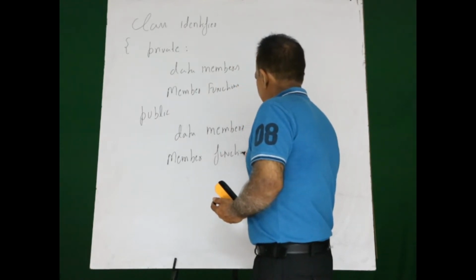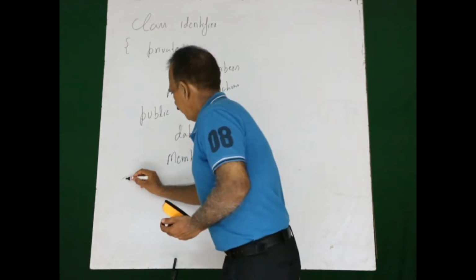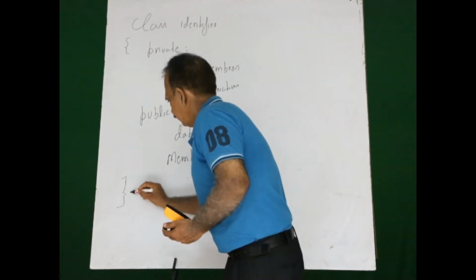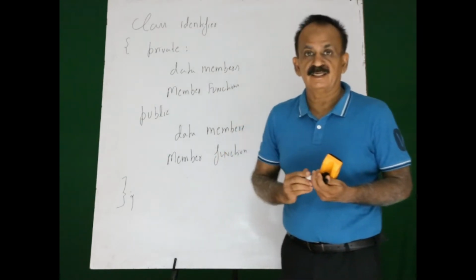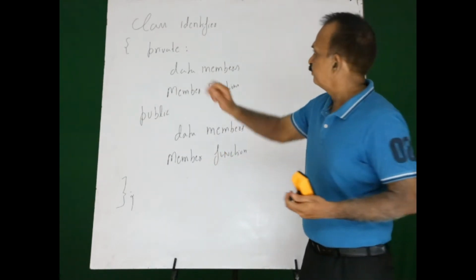This is the basic structure for defining any particular class. Braces closed and semicolon. This is the structure for defining the class.